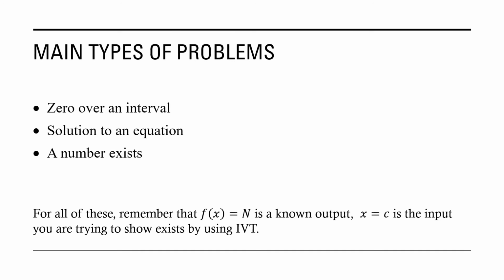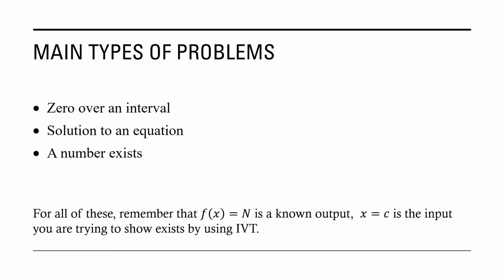There are three main types of problems that we solve using the intermediate value theorem. So we want to show the existence of a zero over an interval, a solution to an equation, or a number. And remember, we're not trying to find the zero or the solution or the exact number a lot of the times.